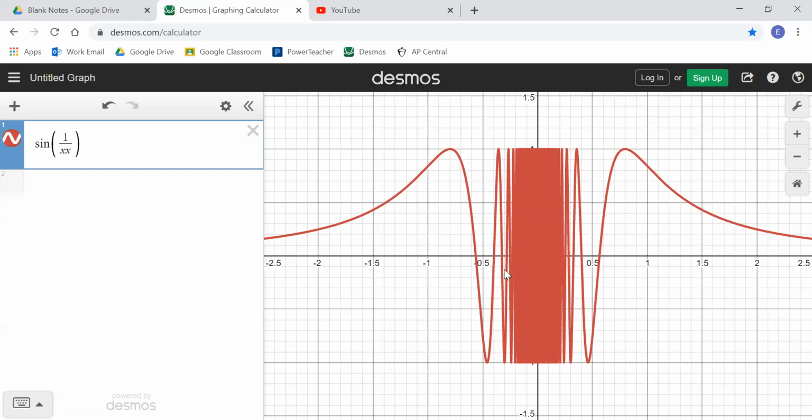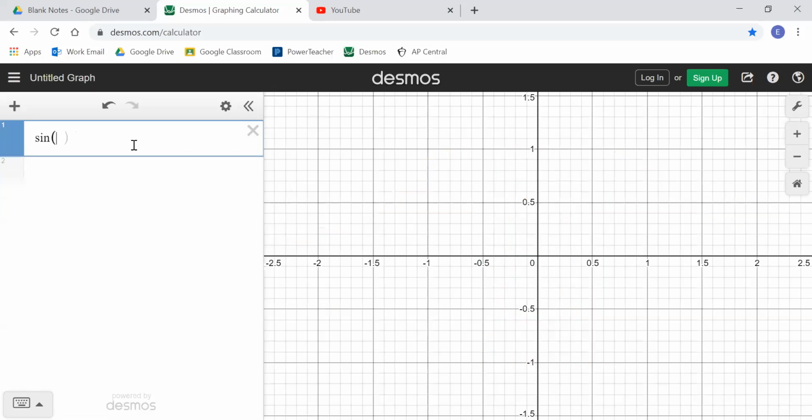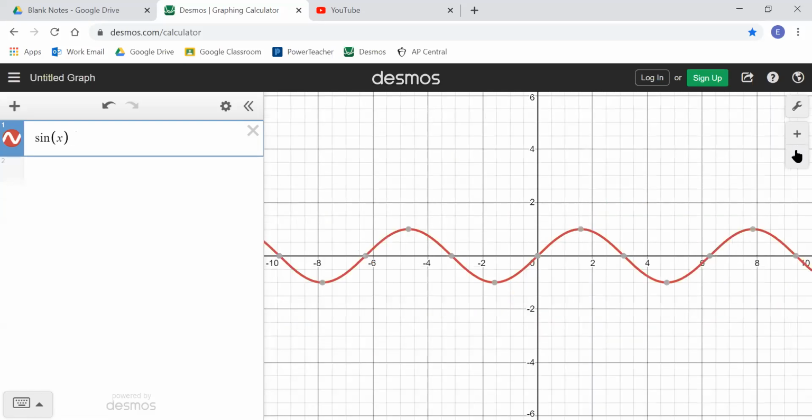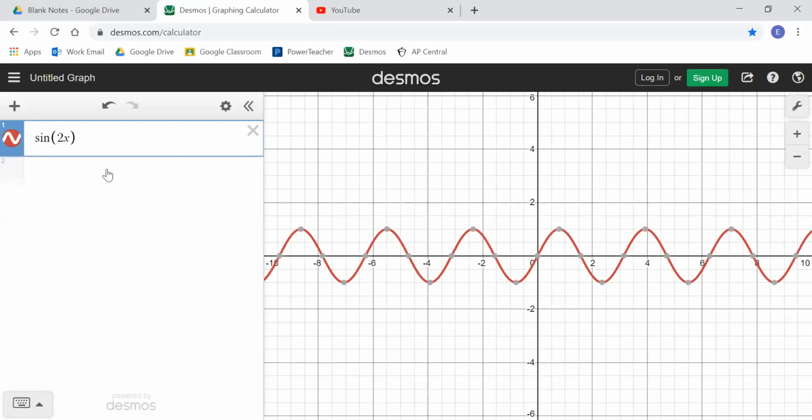Between 1 and negative 1. Right, they're between 1 and negative 1, which is true for any sine function, right? If I take the sine of x, what are the values between? They're always between negative 1 and 1, right? Because x is just going to be some number, and it doesn't matter what I put in here.